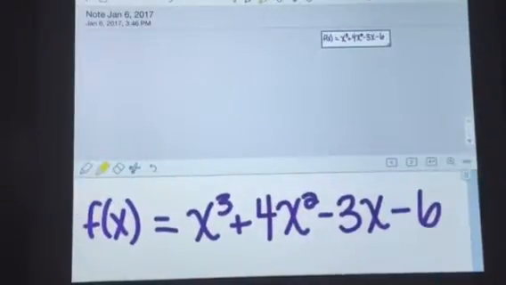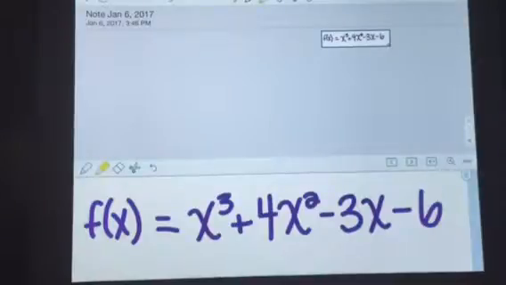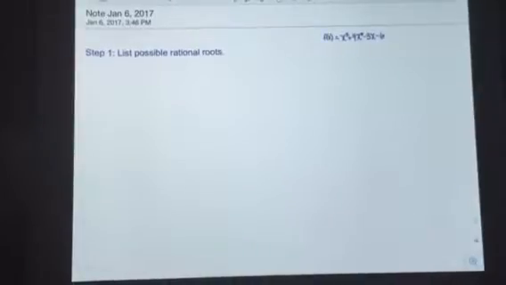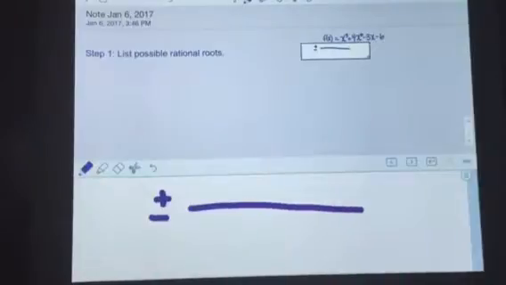We'll find out. So the first thing we need to do is try and figure out a list of possible rational zeros. So I'm going to say that's step 1 over here. List possible rational roots. To do that, we use the rational root theorem, which says that all of the roots can be found with this formula.